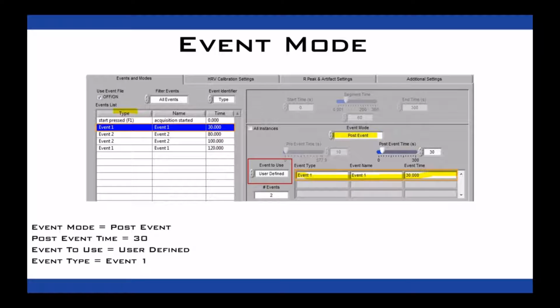Anything with the same event type, so event 1 is a type, and we see that happen twice. We also see that event 2 is a type that happened twice. If you wanted it sorted by name, you simply come up to the event identifier, drop that down to name, and it will sort them based on this column. For this instance, though, we are only going to be looking at type, and we're going to be looking at event 1, as you can see labeled here.